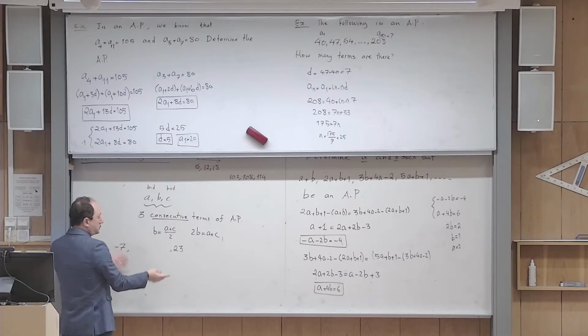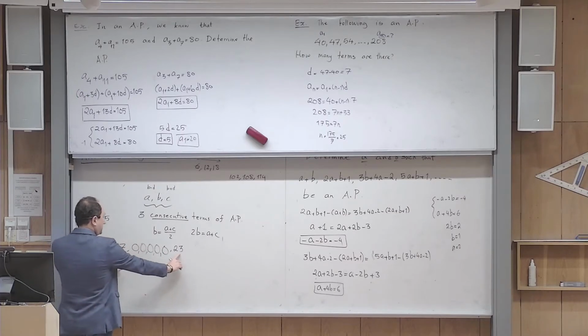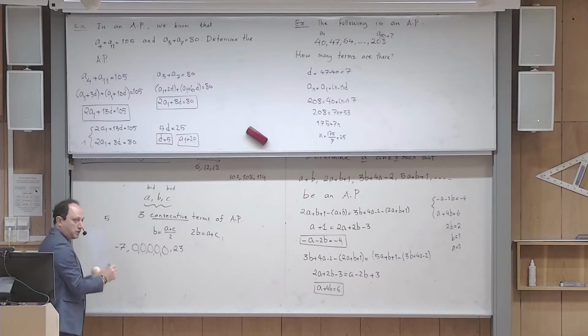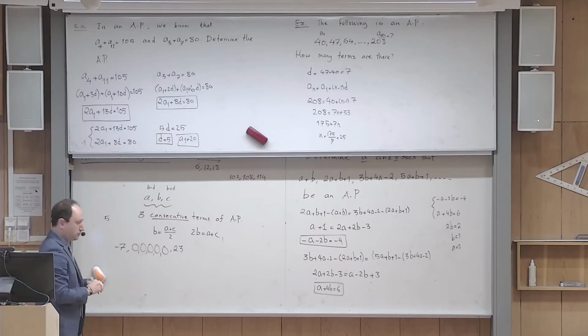I can ask to insert 3 numbers in the middle, 10 numbers in the middle. So now I'm asking you, insert 5 numbers, 1, 2, 3, 4, 5, between these two so that when you look at the whole sequence, it becomes an arithmetic progression. Okay, so I want to wait for you to solve it.